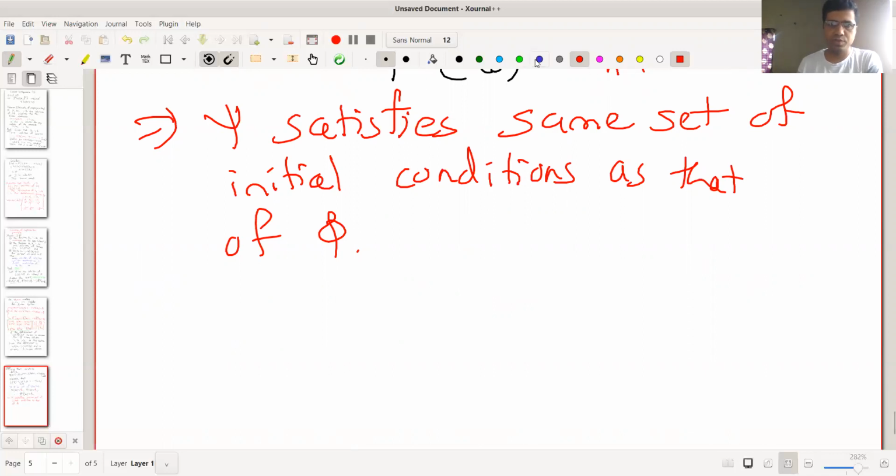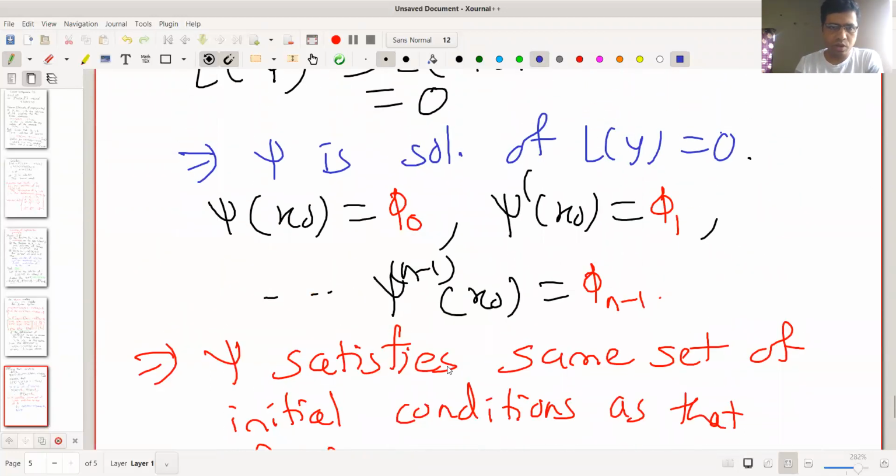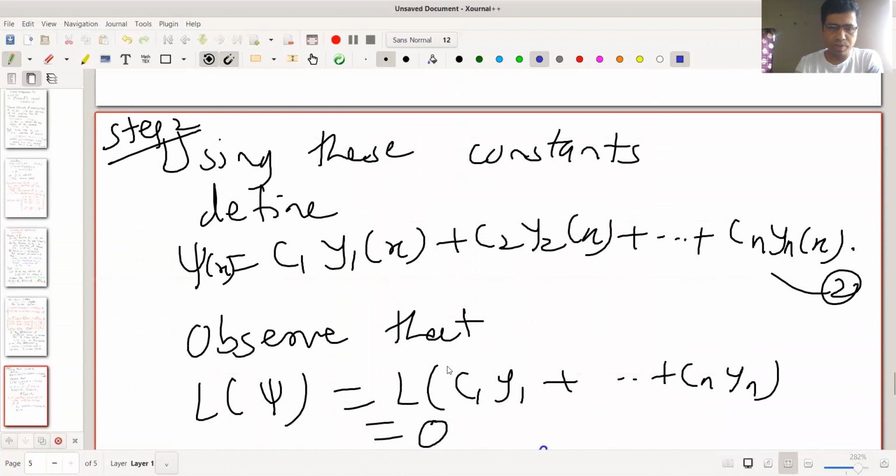Therefore, by the existence and uniqueness theorem, this phi should be the same as psi. Now by 2, psi is given by c1 y1 plus c2 y2 plus and so on cn yn. So the same expression should hold for phi.